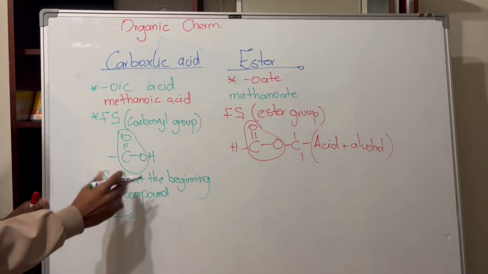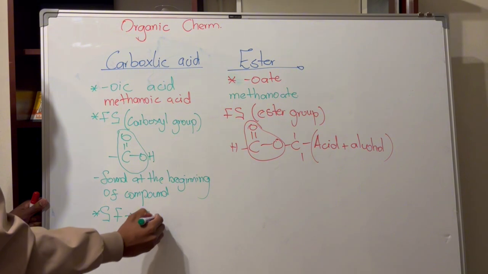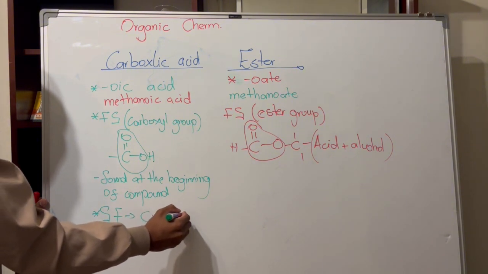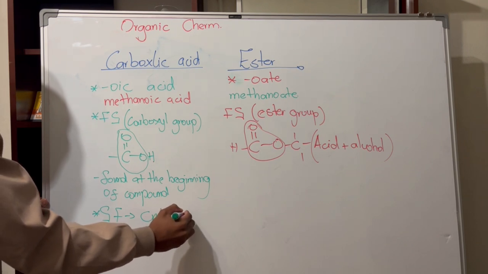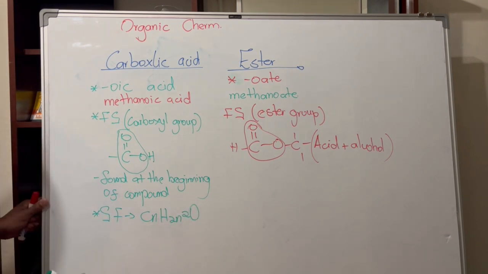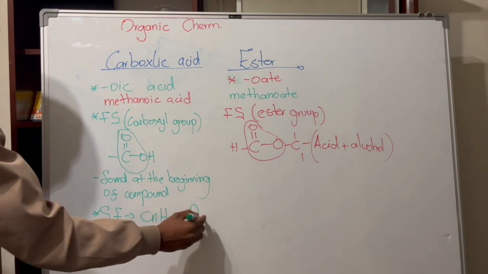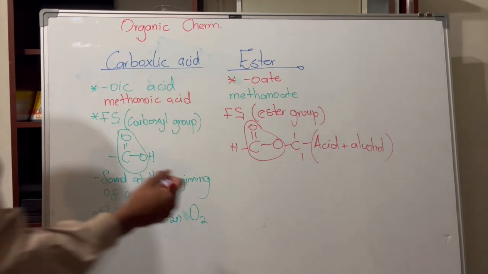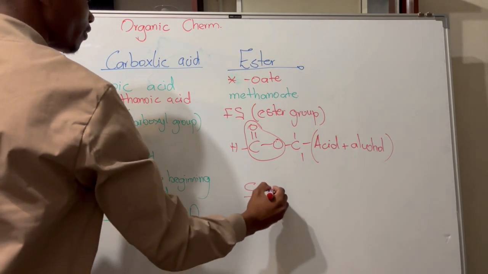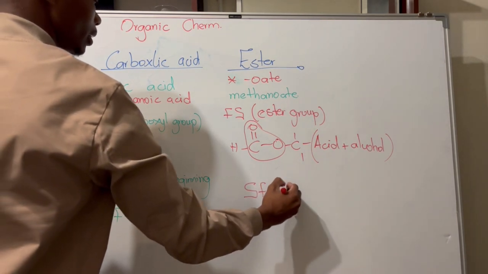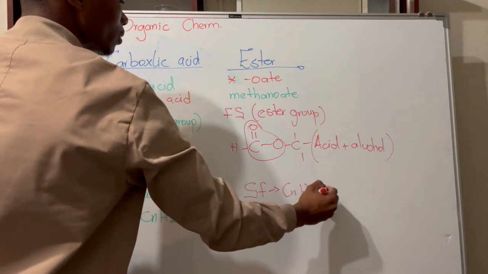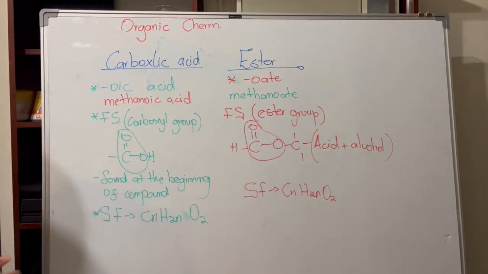The general formula for carboxylic acid is CnH2nO2. And the general formula for an ester is also CnH2nO2.